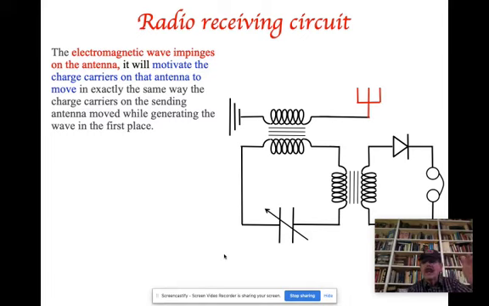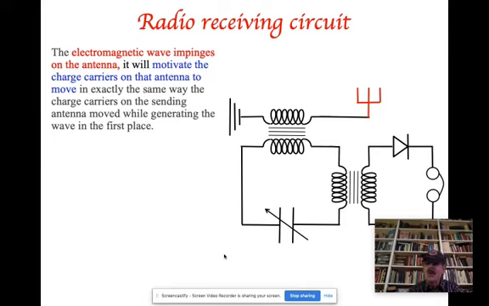The electromagnetic wave moves out, it passes by your antenna, and as that electromagnetic wave varies, it ends up making the charge carriers in your antenna move, and they jiggle. And in fact, they will jiggle in exactly the same way that the charge carriers in the sending antenna were jiggling when they generated the electromagnetic wave in the first place.